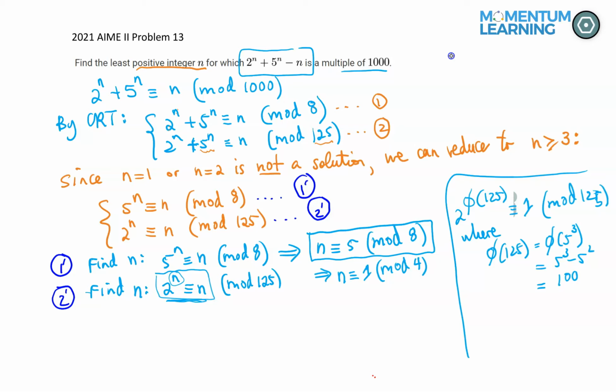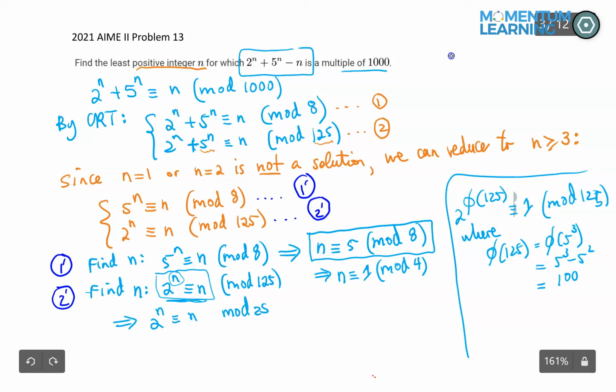But think about it. This expression is true for modulo 125, so it must be true for modulo 25 as well. So that can give me an idea on how I can calculate the value of n modulo 25. Do you guys agree this is true? So what I'm saying is, if this congruence 2 to the n is congruent to n modulo 125 is true, it must also be true that 2 to the n is congruent to n modulo 25.